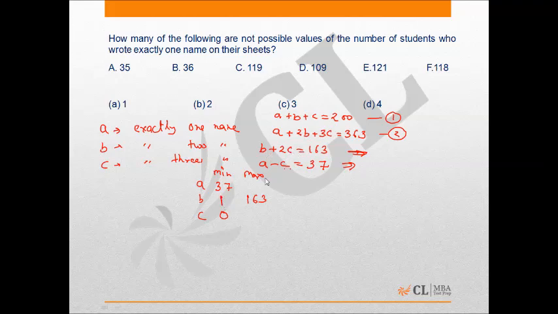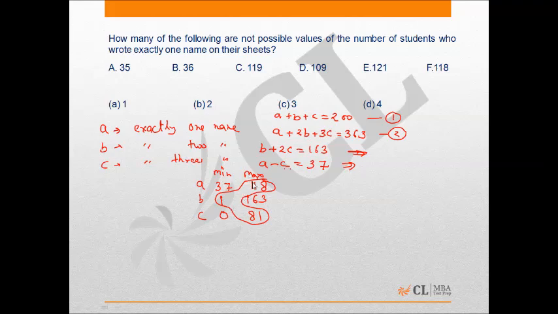So when you put B equal to 1, C will be equal to 81 and A will be equal to 118. So these are the minimum and maximum values of A, B and C.